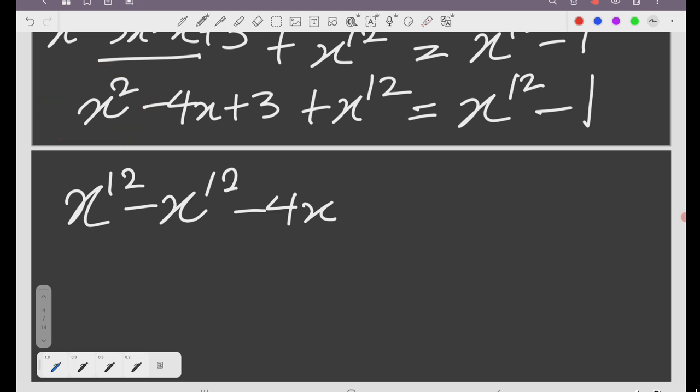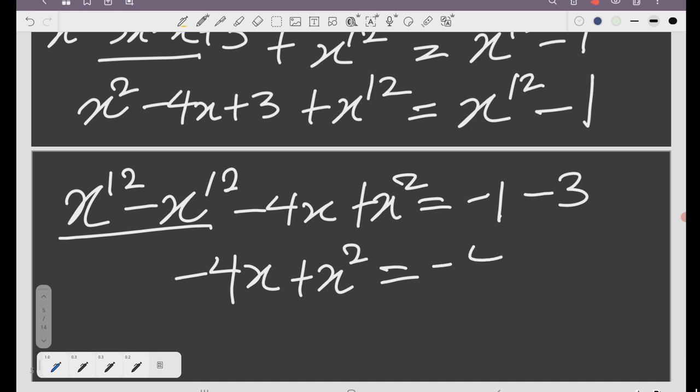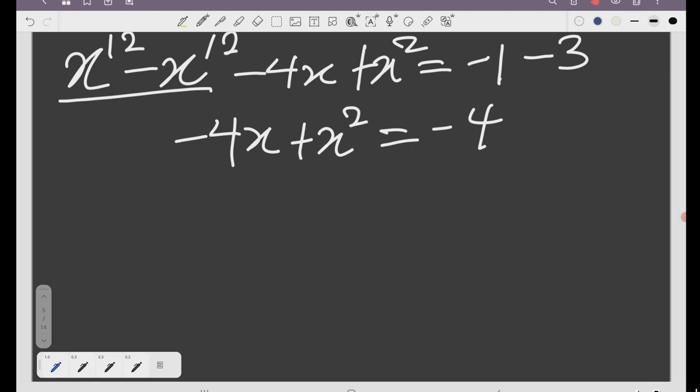Therefore, we have minus 4x plus x squared is equal to minus 1 minus 3. So minus 4x plus x squared is equal to minus 4. Let's turn this into a proper quadratic equation, which is x squared minus 4x plus 4 equal to 0.